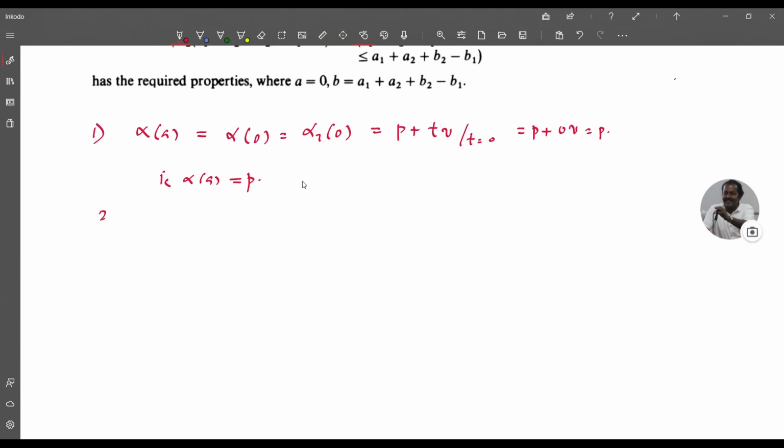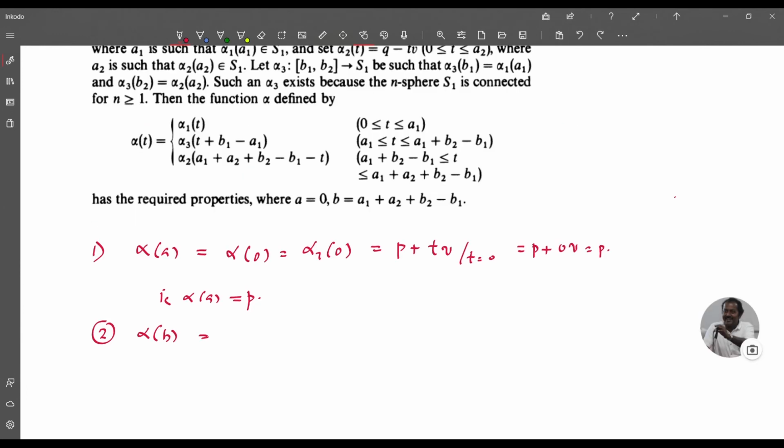Now the second condition, alpha of b. That is equal to alpha of, you know, b is a1 plus a2 plus b2 minus b1. So that is alpha 2 of a1 plus a2 plus b2 minus b1 minus t, where t is this point, a1 plus a2 plus b2 minus b1.